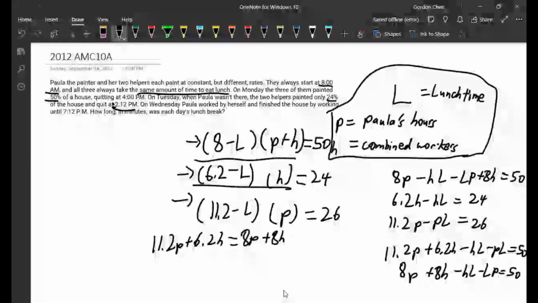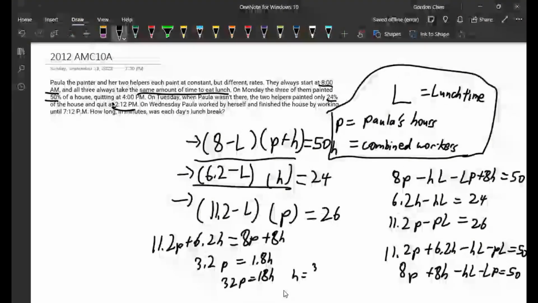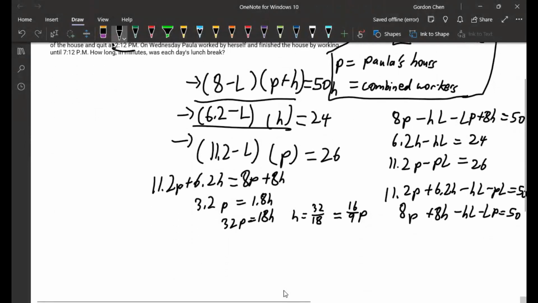And so if we subtract all of these and isolate the P, 3.2P equals 1.8H, which means in other words that 32P equals 18H, or H equals 32 over 18P, which equals 16 over 9P.